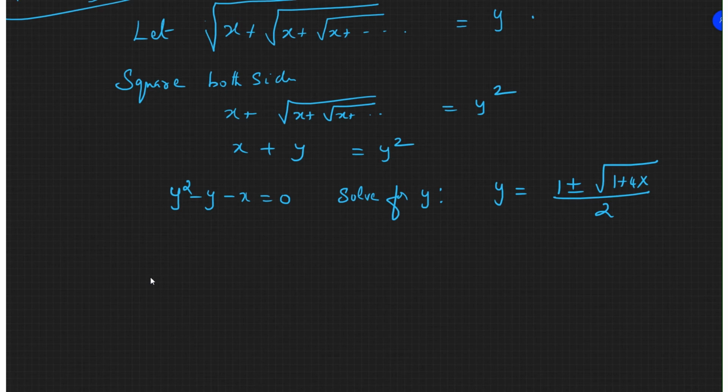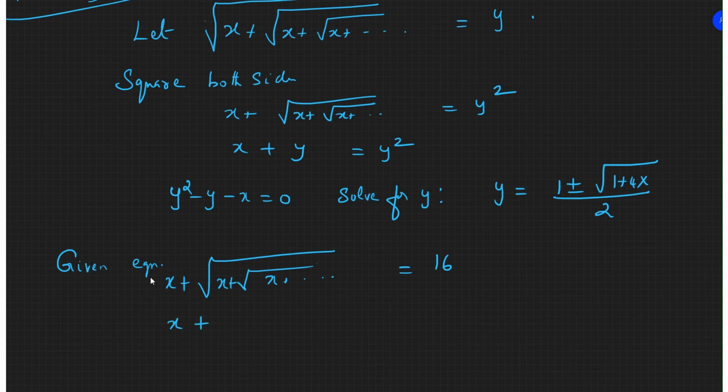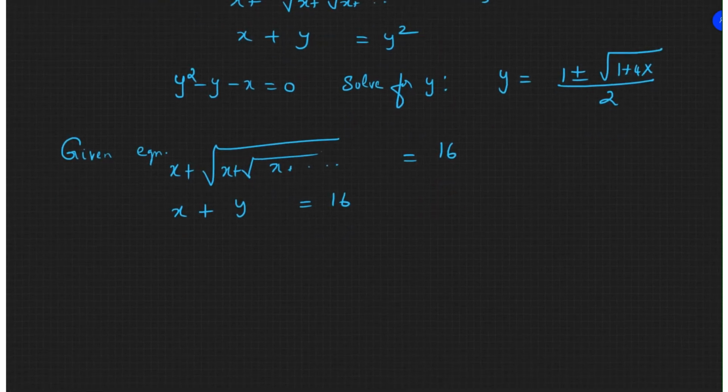Now if I take the whole equation, the given equation is x plus square root of x plus square root of x plus etc. equal to 60. So this is my y equal to 60, and I got the value for y using the quadratic formula. So x plus, instead of y, I use 1 plus square root of 1 plus 4x divided by 2 equal to 60.